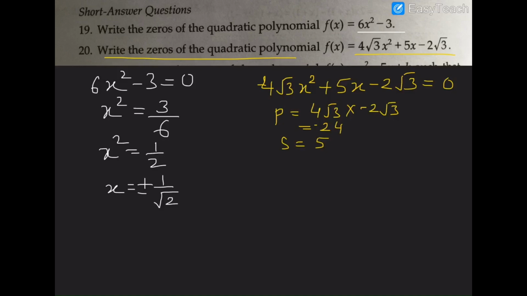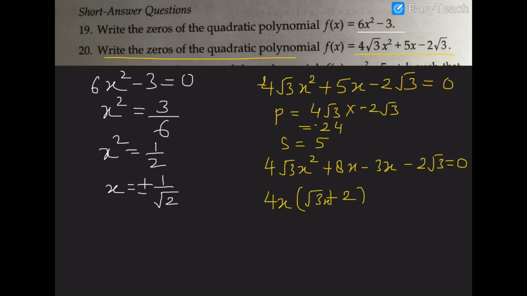So 24, how did you get 24? 8 threes are 24. So 4 root 3 x square plus 8x minus 3x minus 2 root 3 equals 0. Taking 4x common, inside you will get root 3 x plus 2, and again taking root 3 common, minus root 3, you will get root 3 x plus 2.